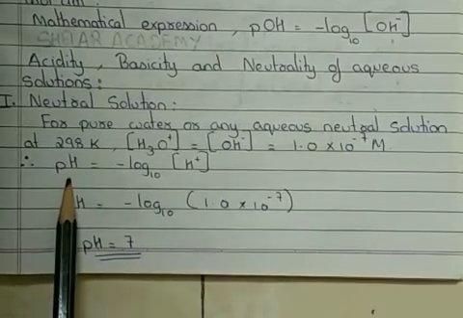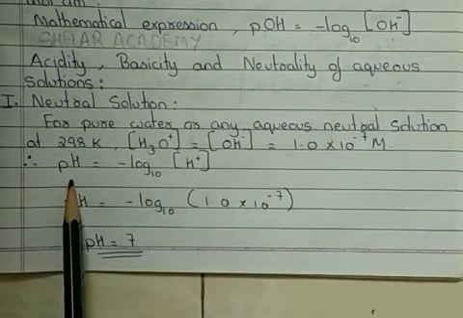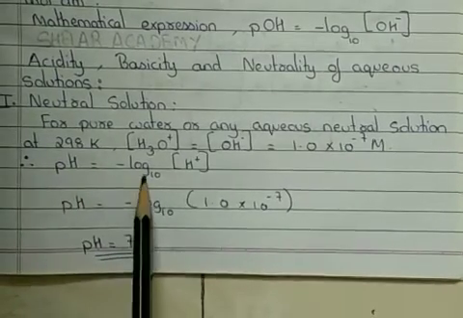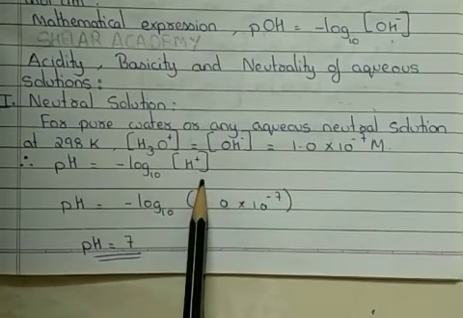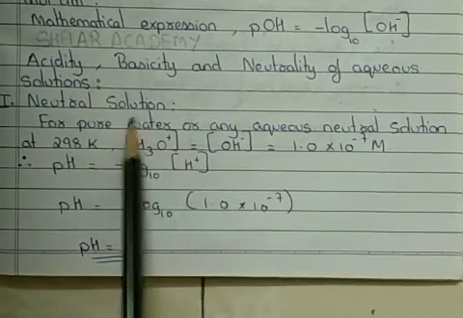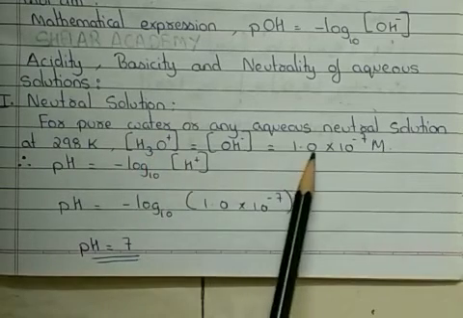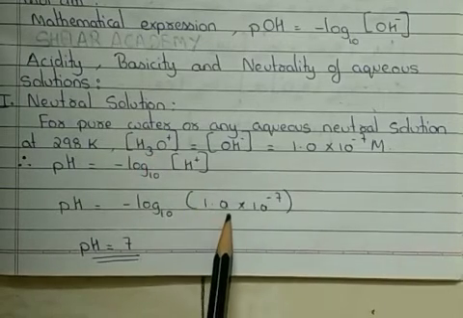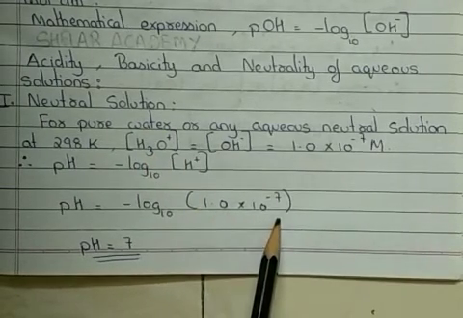So, if I follow our formula, the mathematical expression of pH, that is minus log to the base 10 of H plus ion concentration. H plus ion concentration is nothing but hydronium ion concentration, which I can rewrite as 1.0 into 10 to the power minus 7.